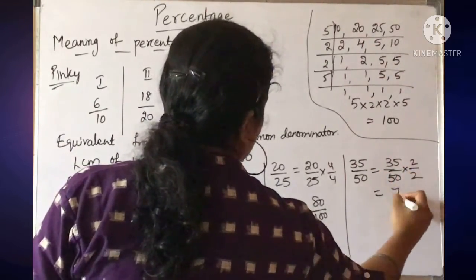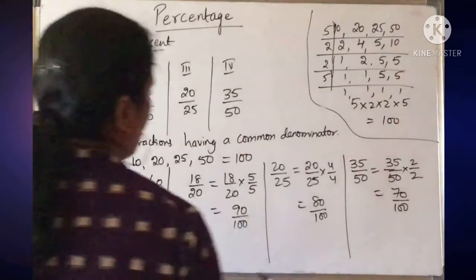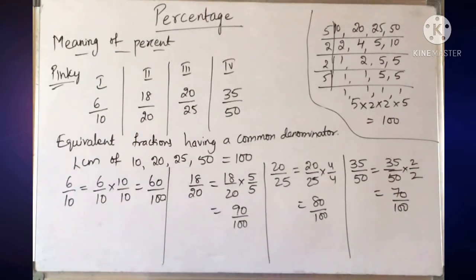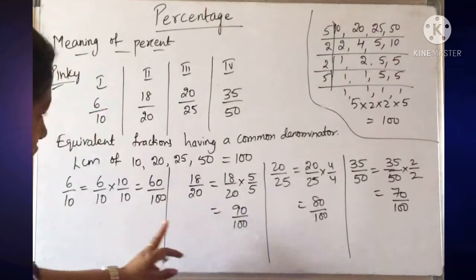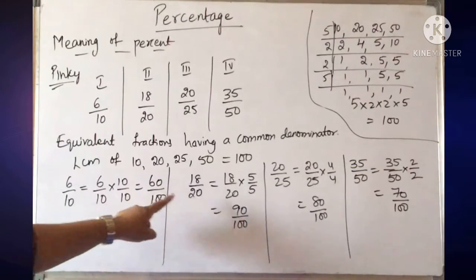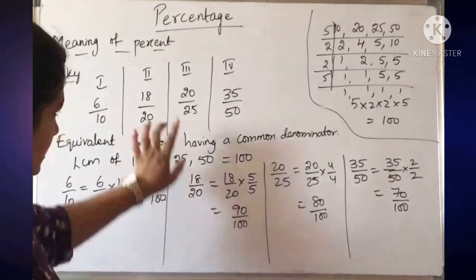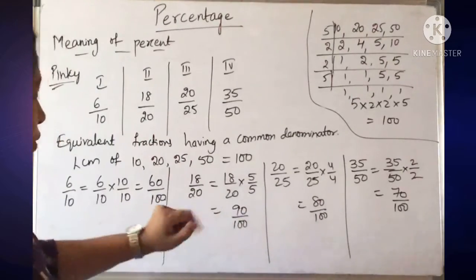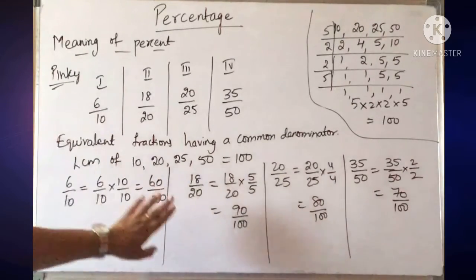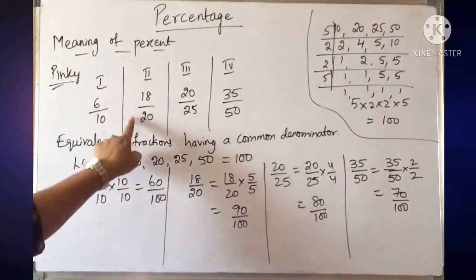So 35 2s are 70, 70 by 100. Now we got the marks as 60 by 100, 90 by 100, 80 by 100 and 70 by 100. All the denominators are the same, so which numerator is greatest? 90. So Pinky got higher marks in unit test 2.